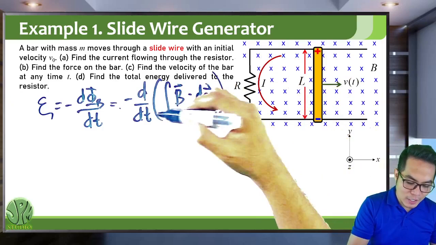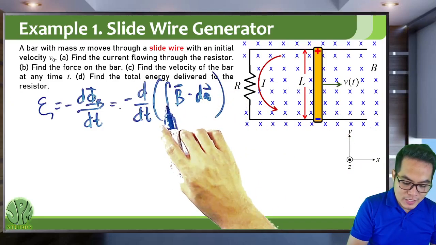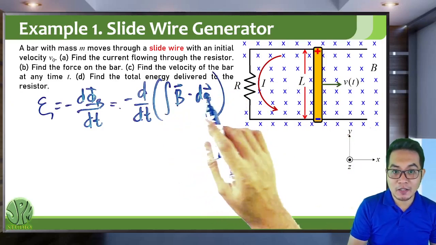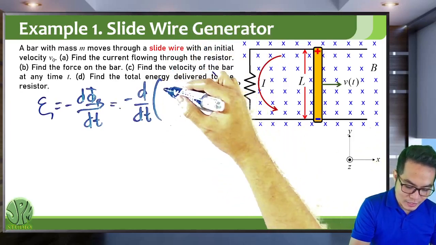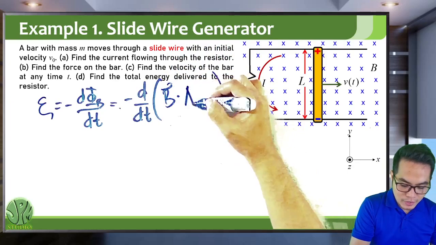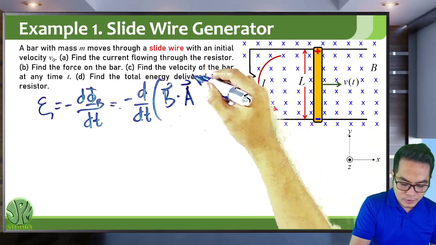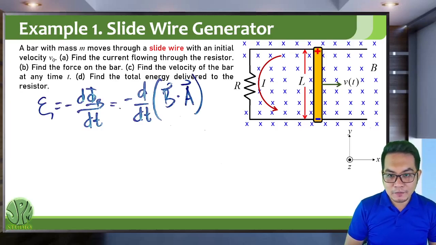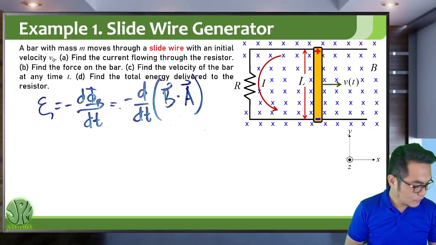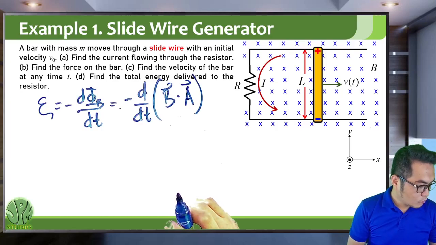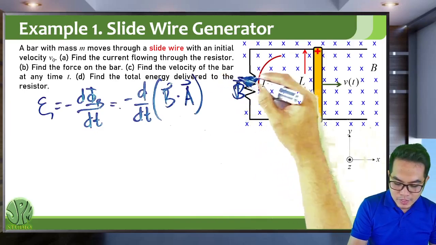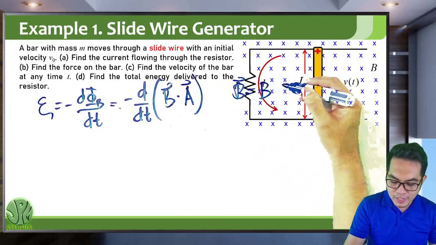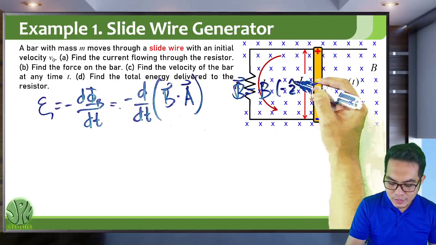So I can take it out of the integral, and you will just have B times the integral of dA, and the integral of dA is just the total area. So basically you will just have B dot the total area. Our B has a magnitude of B, and its direction is negative z hat.